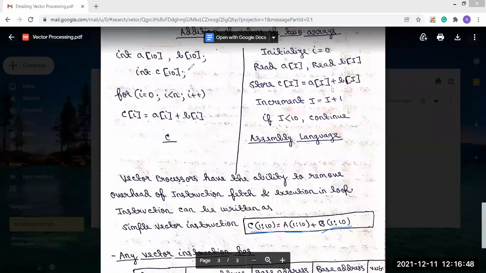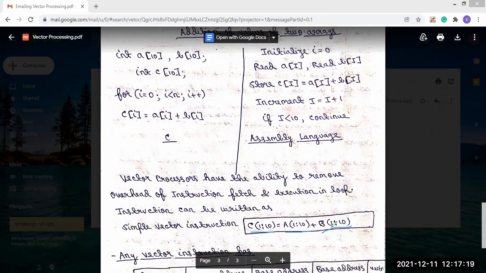In assembly language you see we have to write many lines like this, but in vector processing we write a simple vector instruction: C[1:10] = A[1:10] + B[1:10]. The 1:10 suggests that the array has size 10.